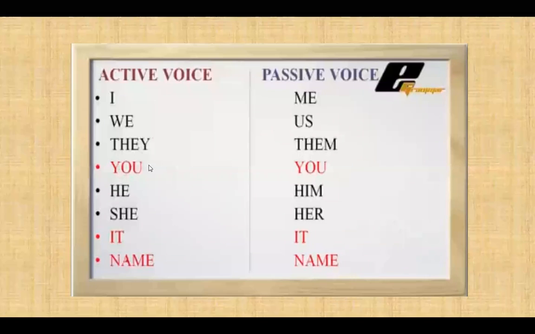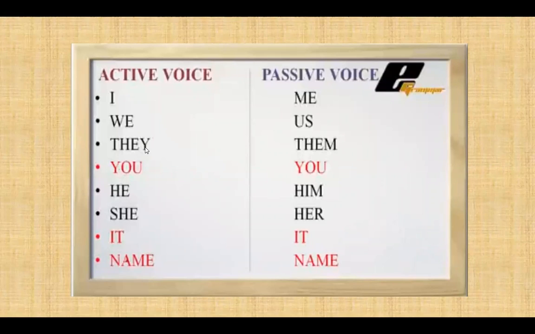So the words that are appearing here in red color, you, it, and name, remain the same in the passive voice. You remains you, it remains it, and the name remains the same.